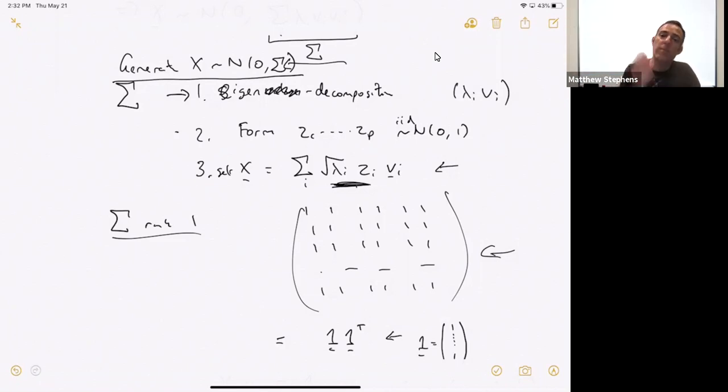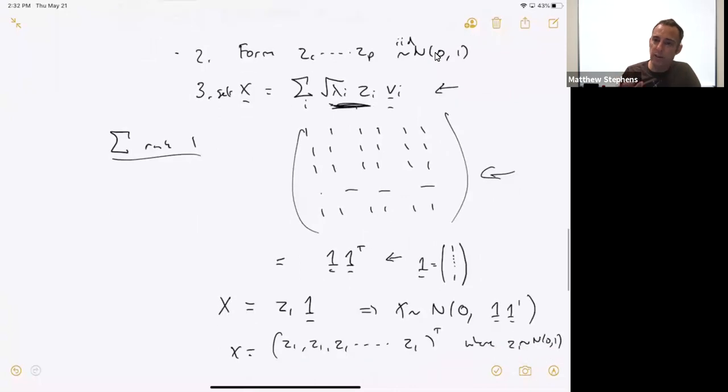They're going to be some major multiple, normal 0, 1 multiple, of the main eigenvectors scaled by the eigenvalues, and the eigenvectors that have very small eigenvalues are not going to have much variation in that direction. So that's a way to get your head around low rank covariance matrices and what a multivariate normal might look like if it has a low rank variance covariance matrix.